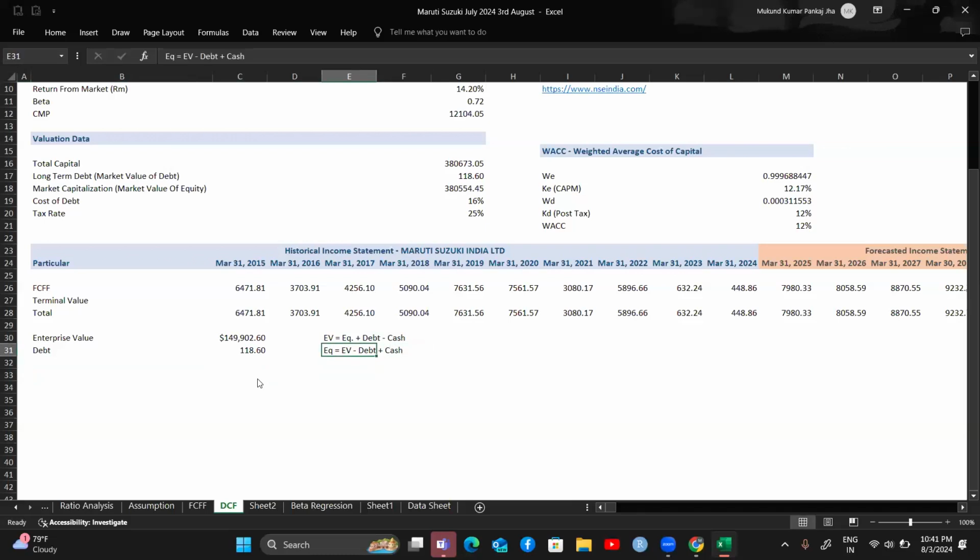And logically, if you want me to explain, what value does the firm have after deducting the debt and adding cash to it? The value that the firm has belongs to the equity owners of the company, because cash belongs to the equity holder after paying off the debt. So to get the equity value, I had enterprise value with me. I will do less debt and add cash.